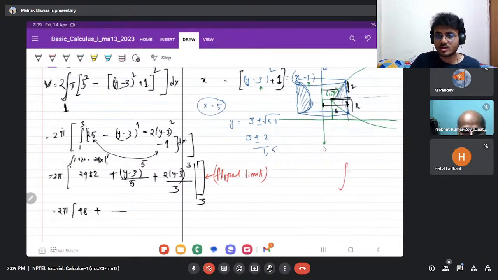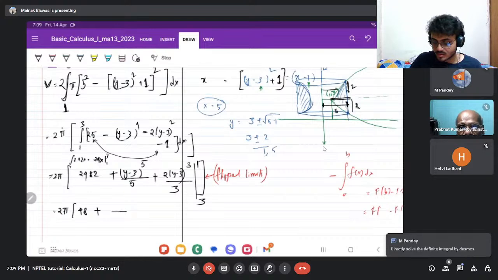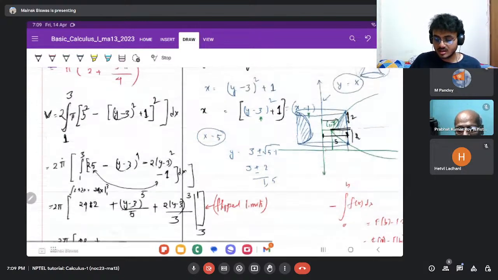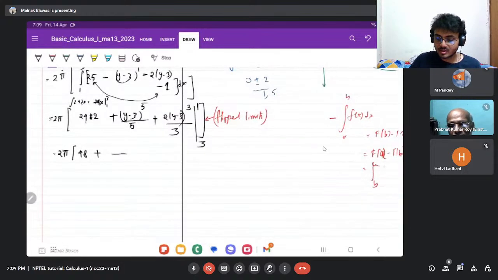I have shown that already. The integral of f of x dx from a to b is F of b minus F of a. So if we put a minus here, this is essentially writing F of a minus F of b, and this is nothing but saying b to a of f of x dx.